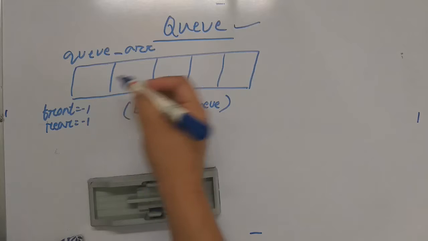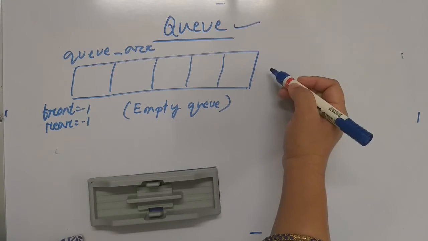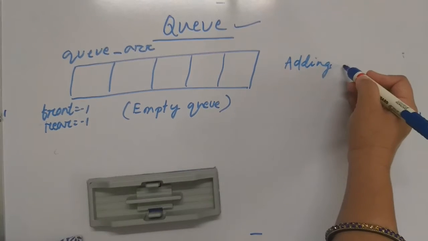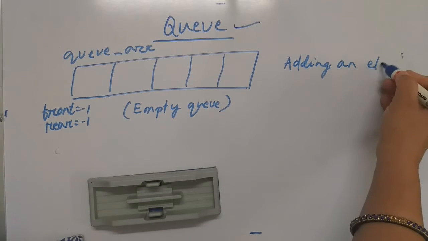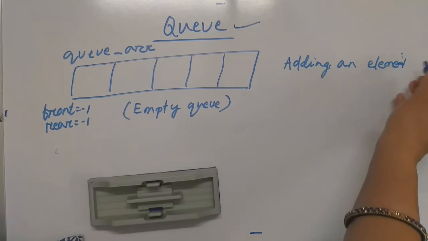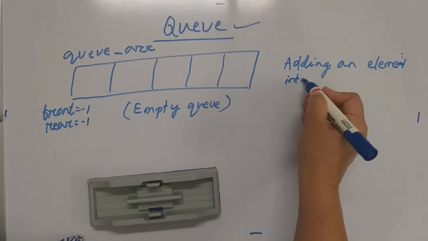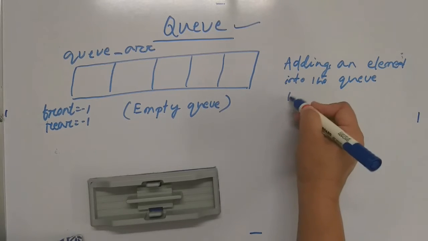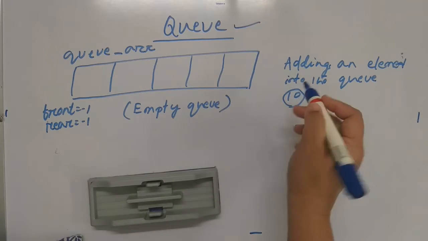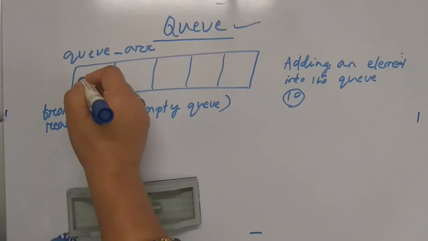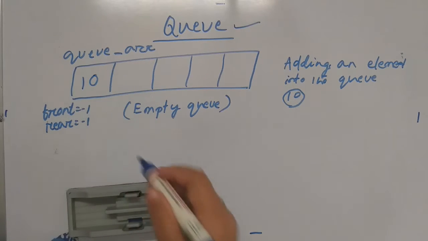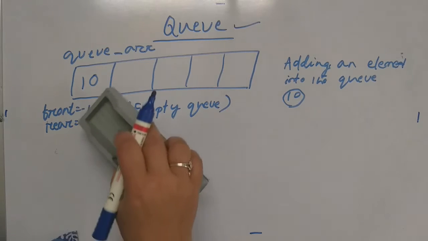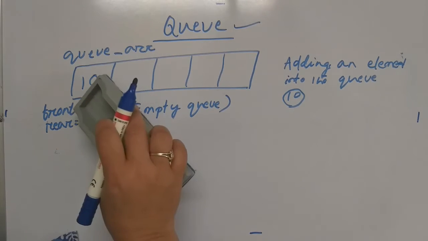Then after that we add a value. Adding an element into the queue: suppose we add 10 here. So we enter the 10. What is the next thing that changes? Look at this: the front was previously -1.